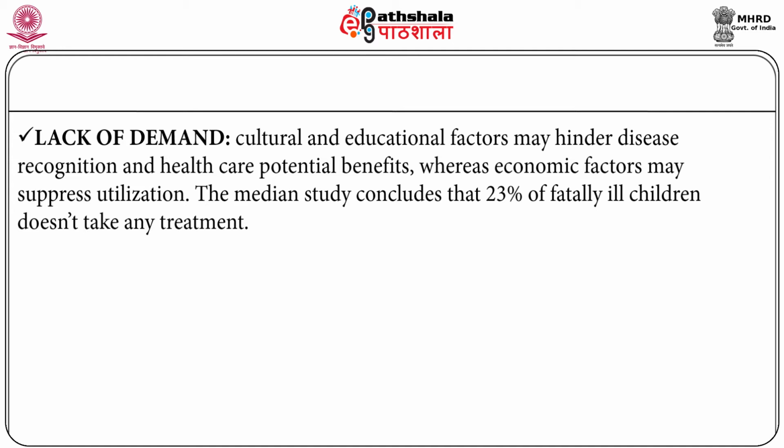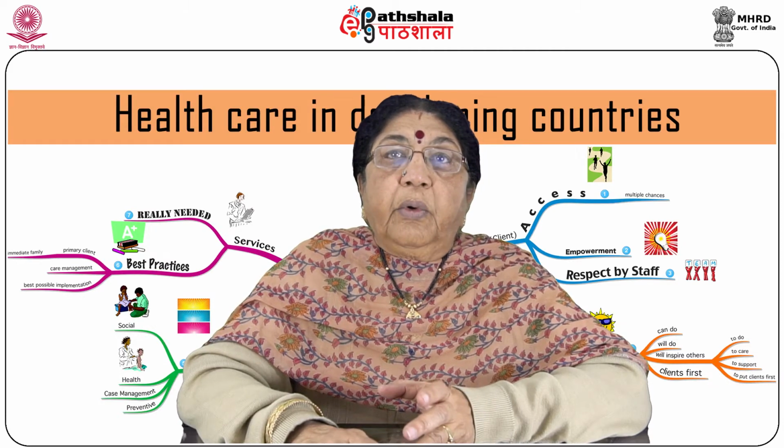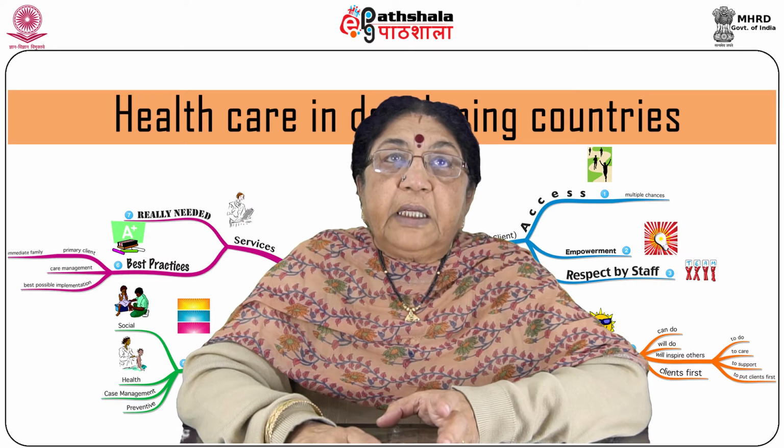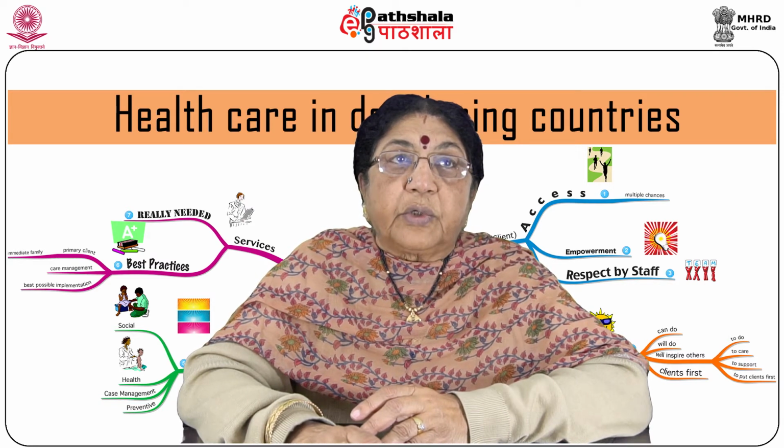Because she doesn't realize that if she is healthy, the family will remain healthy. So therefore, there is a lack of demand, there is a lack of utilization, and in fact, there is underutilization. And many studies have also concluded that 23% of the fatally ill children actually don't take any treatment at all. Either the family delays in taking them for treatment, or the treatment, whatever is taken, is all half resource.